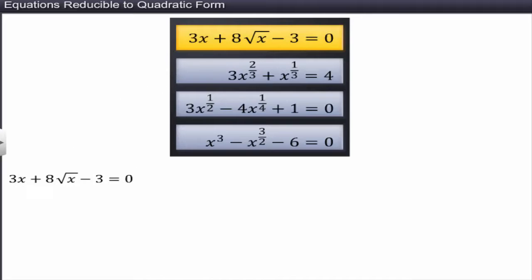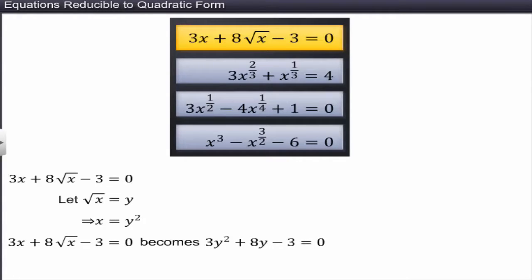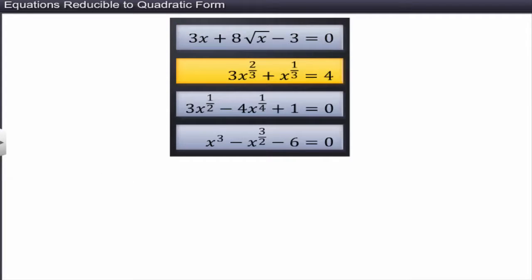Consider the first one. To reduce it into a quadratic equation, we substitute square root of x by y. This implies that x is equal to y squared. Using this substitution, the given equation can be written as 3y squared plus 8y minus 3 is equal to 0, which is a quadratic equation in y. Moving forward, let us now reduce this equation into a quadratic equation.